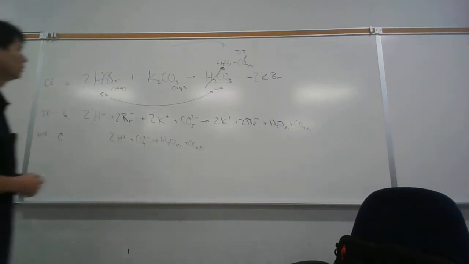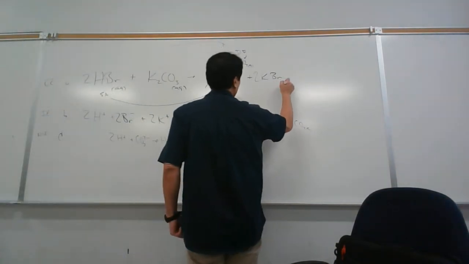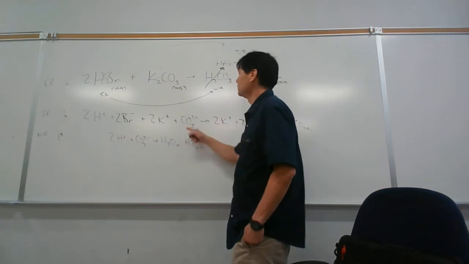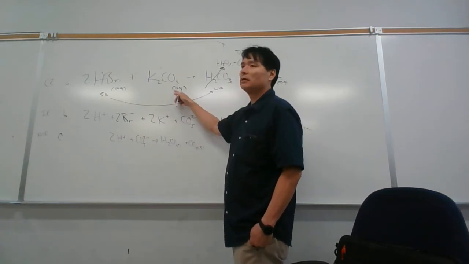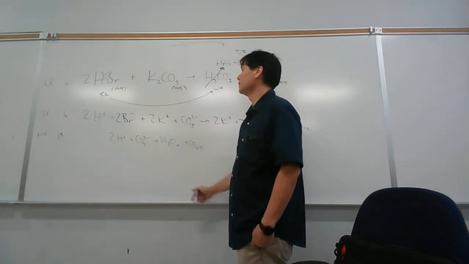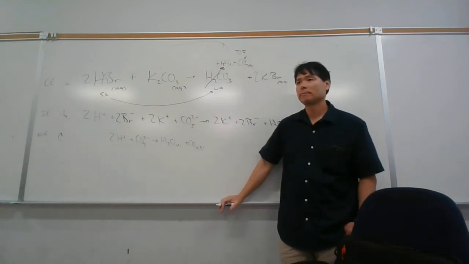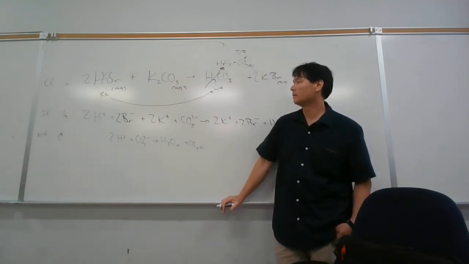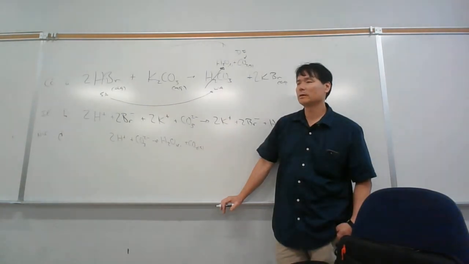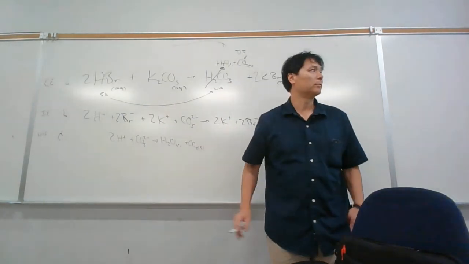I kept it together. If this were solid, then you keep it together. But since it's aqueous, you have to split it up. That's exactly right. Because it's group 1 potassium, that's the solubility thing. Group 1 compounds are soluble.